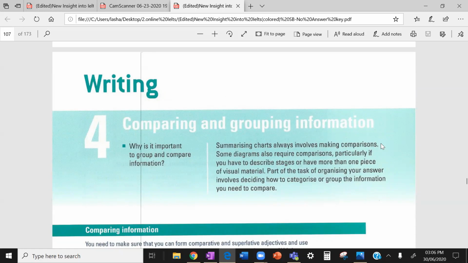Some diagrams also require comparisons, particularly if you have to describe stages or have more than one piece of visual material. Part of the task of organizing your answer involves deciding how to categorize or group the information you need to compare.